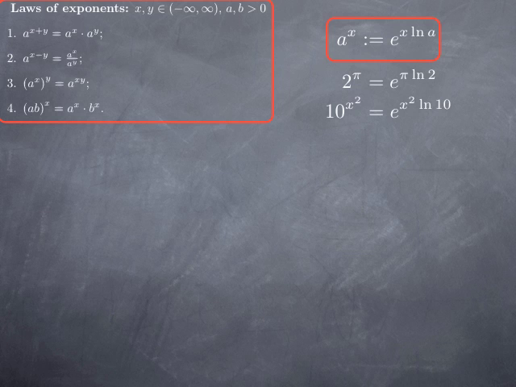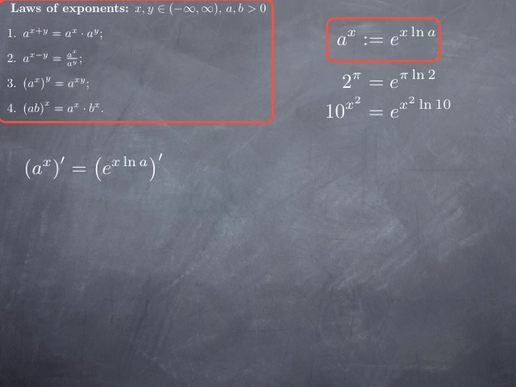Talking about derivatives, we can ask the question, what is the derivative of this exponential function of base a? And again, we're just going to go back to the definition. A to the x is e to the x ln of a. So we have the function x ln of a plugged inside the natural exponential, and we know how to differentiate the natural exponential. Its derivative is itself.